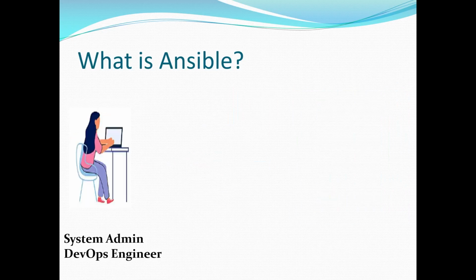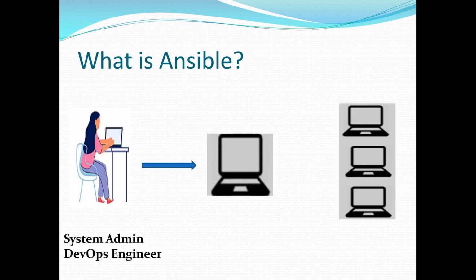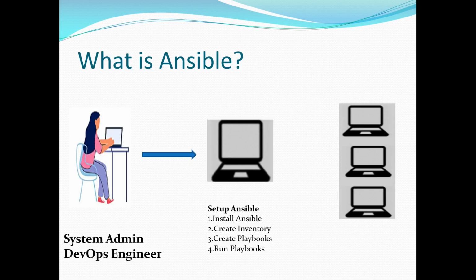Fine. So here is the system admin, DevOps engineer. What he or she will do is have a host machine where he or she will set up Ansible, install Ansible, create a file called inventory, create another file called playbook, which is a YAML file, and then run all the playbooks. And what will happen?